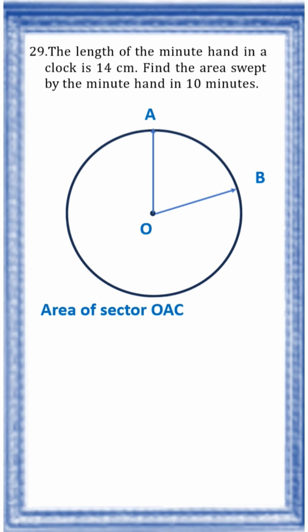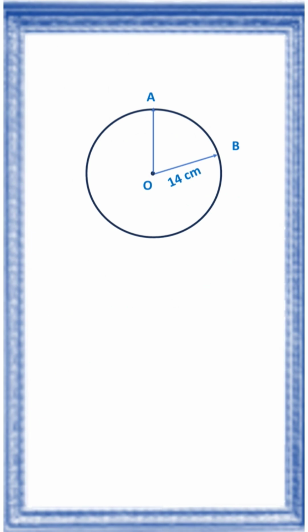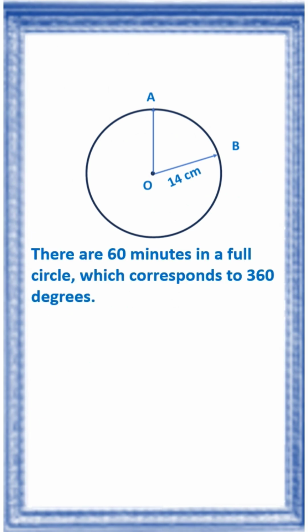The formula for the area of the sector is theta by 360 into pi r square. Here it is easy, the radius is given as 14 cm, but they haven't given theta, the central angle. How can we calculate it? There are 60 minutes in a full circle, which corresponds to 360 degrees.